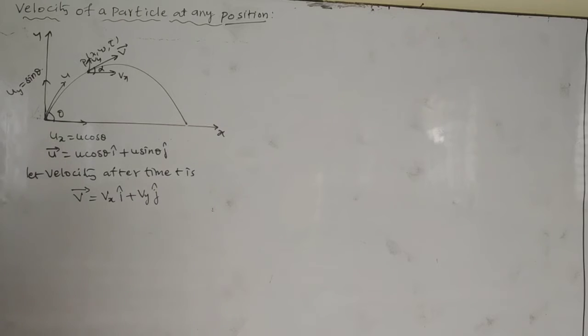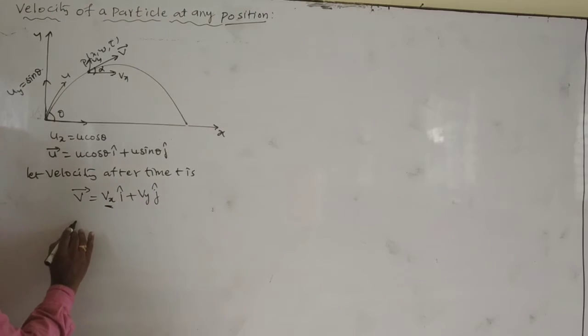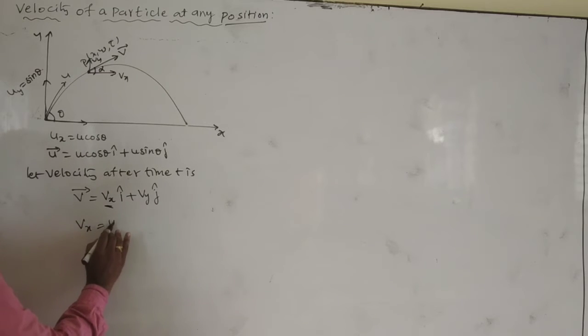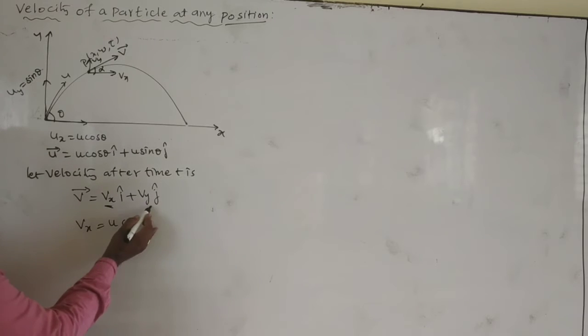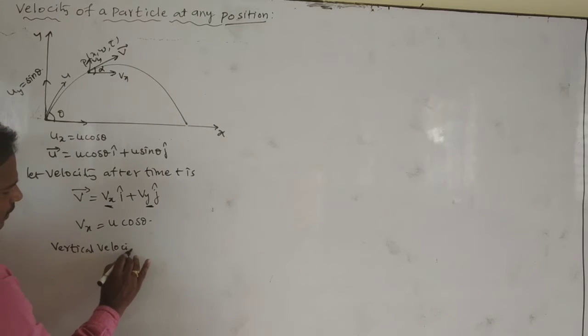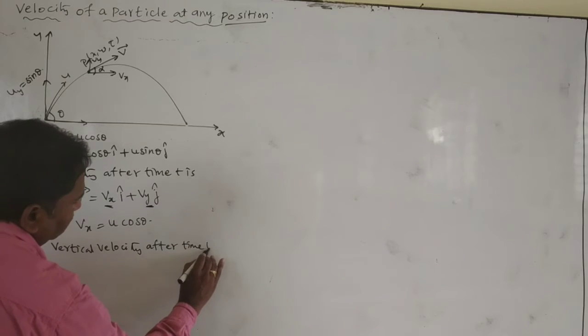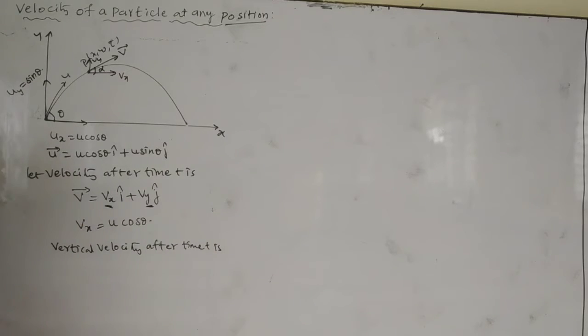This is the formula. Everywhere the horizontal component remains constant, so vx equal to u cos theta only. We are going to find the vertical velocity after time t. So vy is equal to v square minus u square equals 2as.